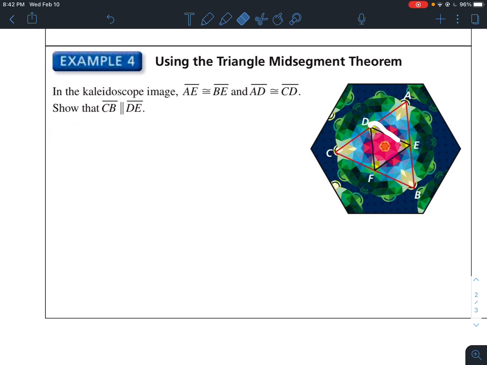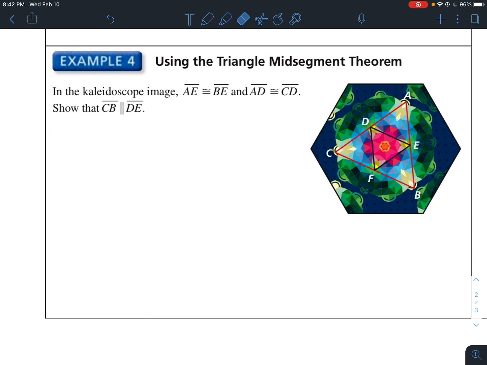So first of all, since we know that this is a midsegment right here, and it's really hard to see with that, I'm sorry about that, but CD and AD are equal, and this are equal, that means that DE is actually a midsegment, right?